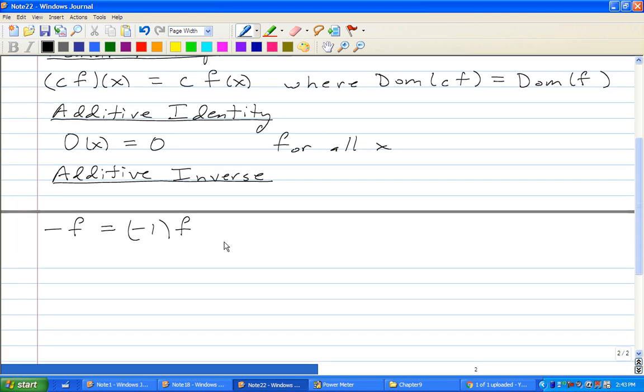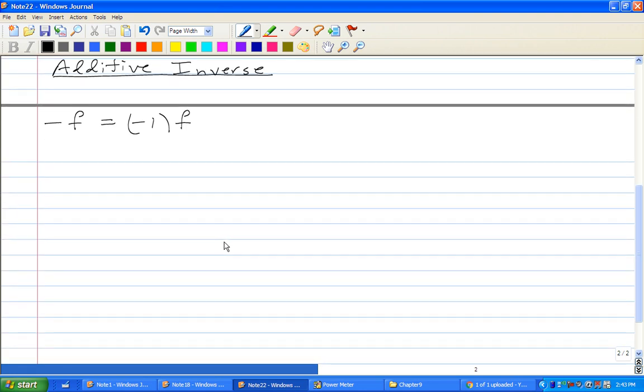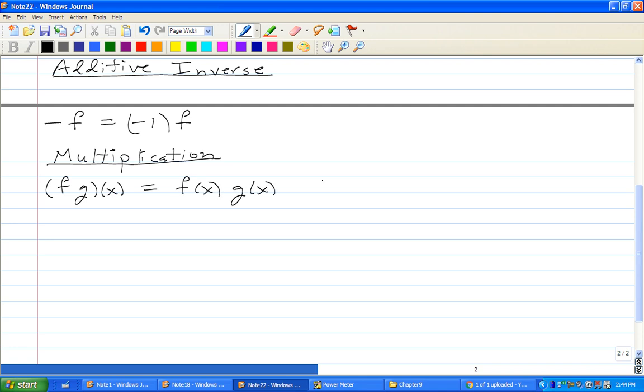Let me define multiplication of two functions. Suppose I have a function f and a function g, then I'll define f times g by the following rule. f times g evaluated at x is defined pointwise as just f of x times g of x.